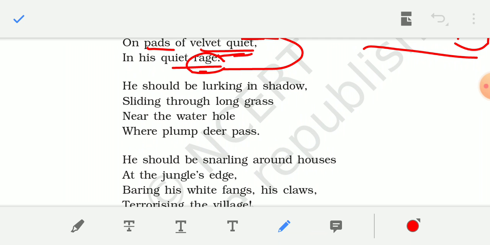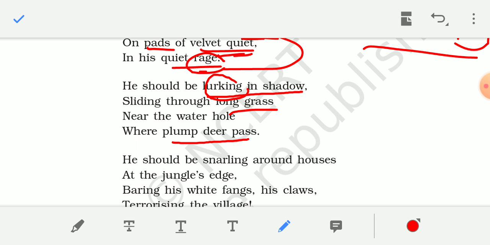Okay, now let's go ahead, see the second stanza. He should be lurking in shadow, sliding through long grass near the water hole, where plump deer pass. Now see, my dear students, here the poet says that he should be lurking in shadow. What is the meaning of lurking? Lurking means hiding secretly. In a shadow means the poet is telling that the tiger might be hiding.